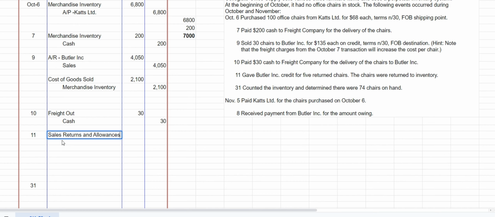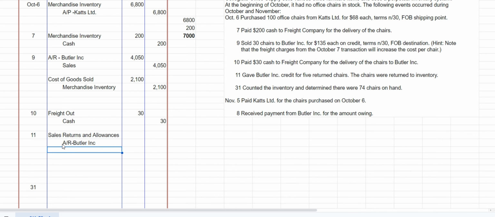This account is debited, and the credit account is accounts receivable. When you give them an allowance, that means they don't have to pay you the full amount. They're going to pay you less. And since they haven't paid you yet, the amount that they owe you is going to decrease, which is why we're crediting accounts receivable.